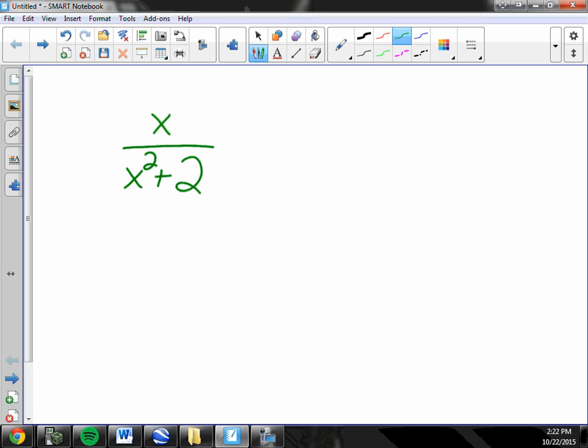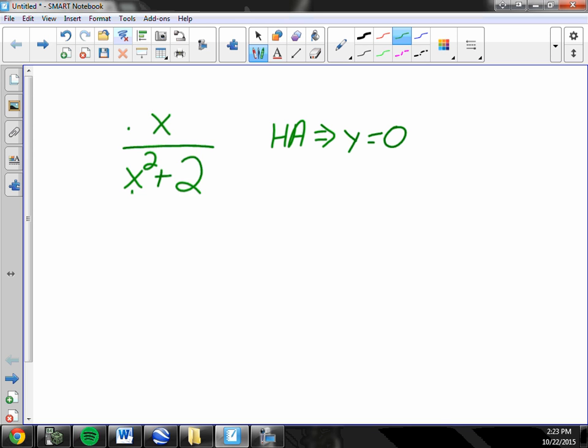Can I factor anything? No. Can I cancel anything? No. So this has a horizontal asymptote. Where is it? Well, you just check. Are there more x's in the bottom than there are on the top? Yes. So is there any way for this to equal 0 on the y-axis? No. So your HA is y equals 0.